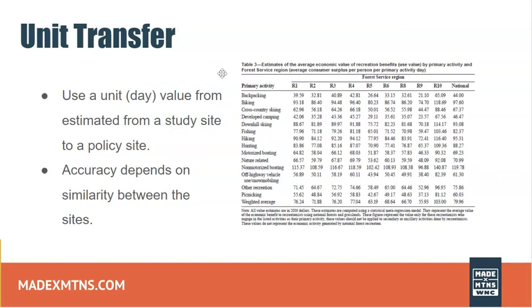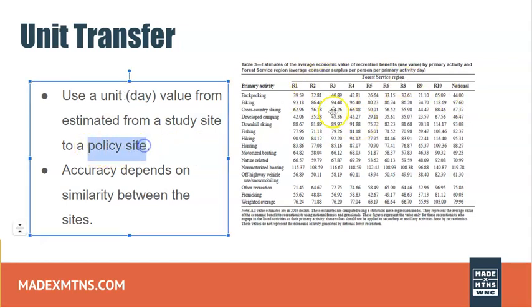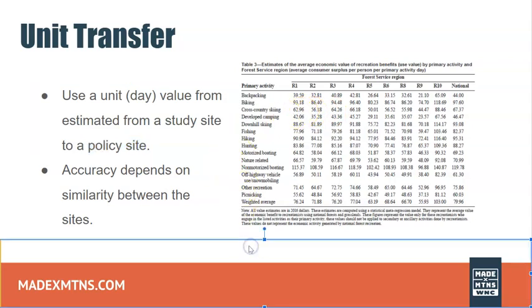Okay, so table 3 from that report breaks those estimates down by Forest Service regions. So let's say that you want to estimate a unit day value from a study site, which are all these Forest Service regions, to some policy site, where the policy site is in Western North Carolina.